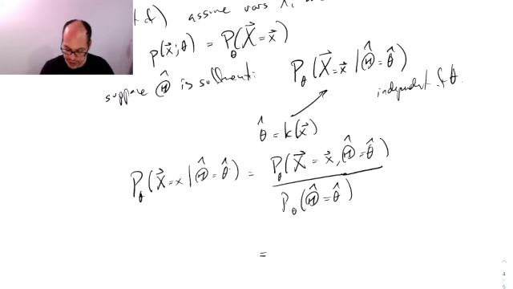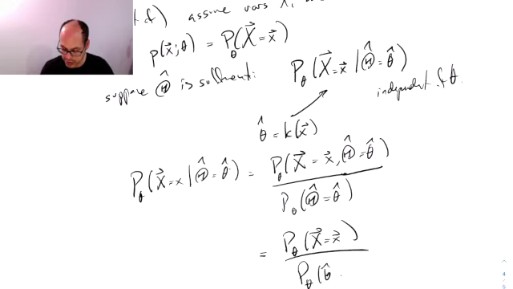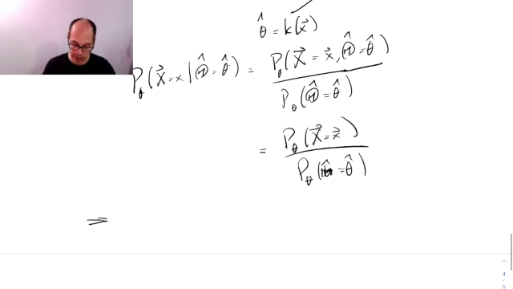So this is the same as the probability that capital X equals little x divided by the probability that capital theta hat equals little theta hat. Okay, so what does that tell us?